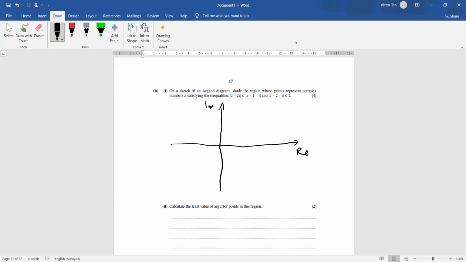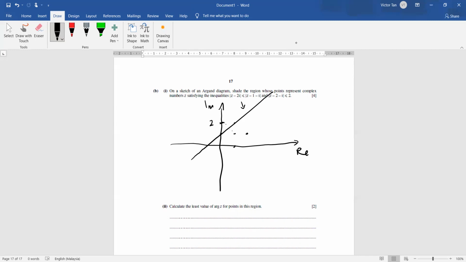Minus 2i, let's see, 2i is here. 1 plus i here. Okay. This is for the first one. Okay, the other, z minus (2 plus i), 2 plus i is here, smaller than 2.